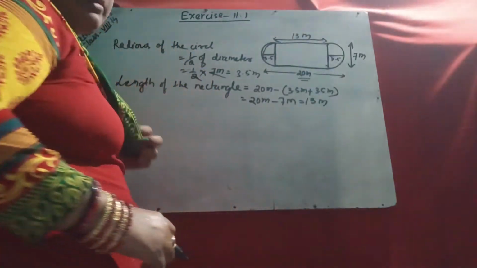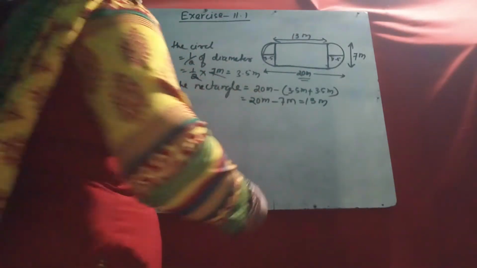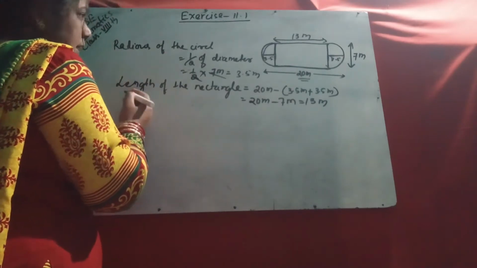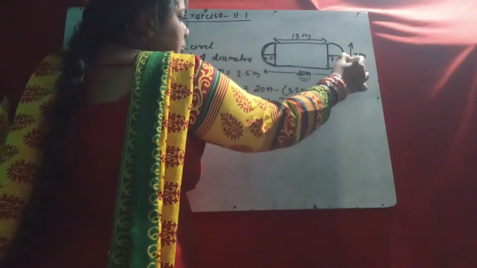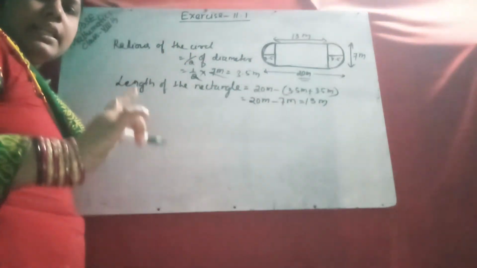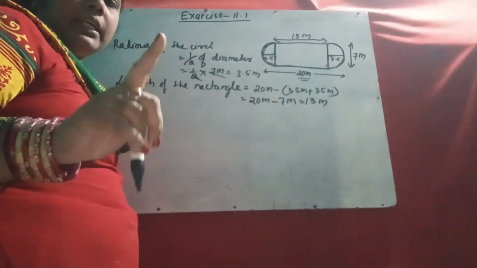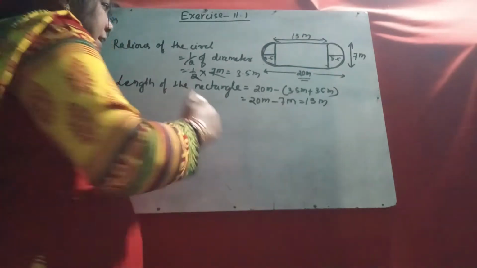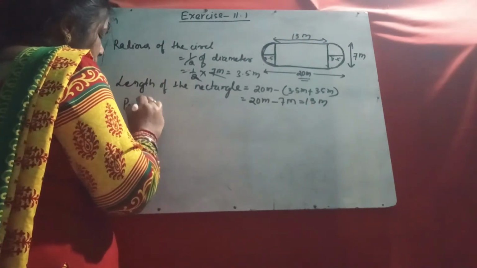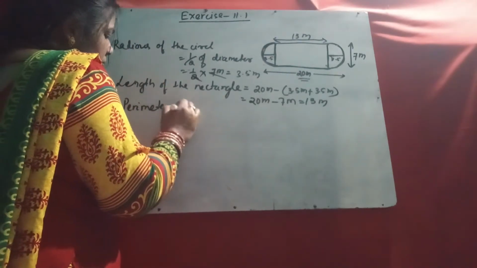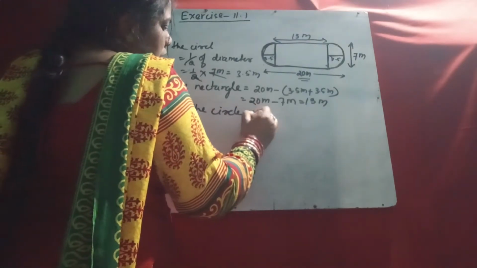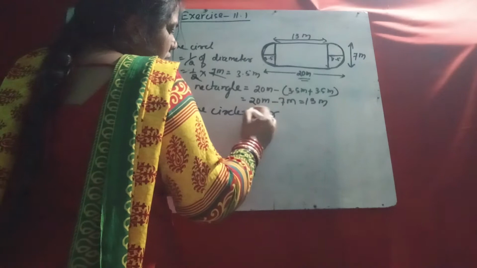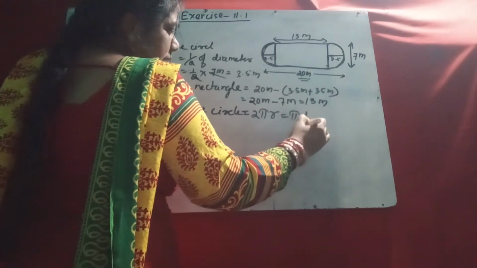Now we will find the area and perimeter of this figure. First, the perimeter. This is a half circle, this is a half circle. That means two half circles make one complete circle. The perimeter of the circle is 2 pi r, or you can say pi d.